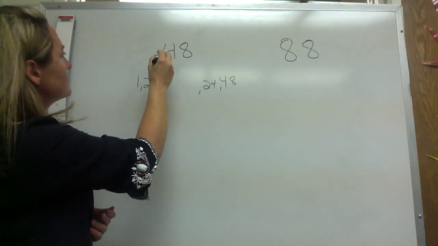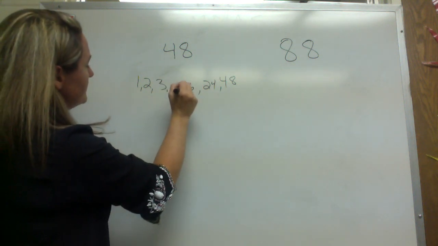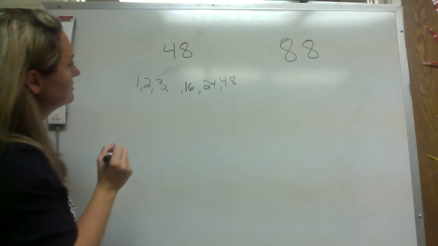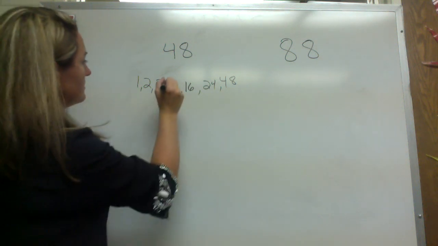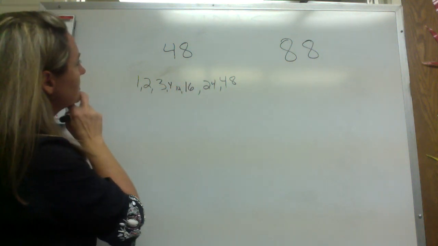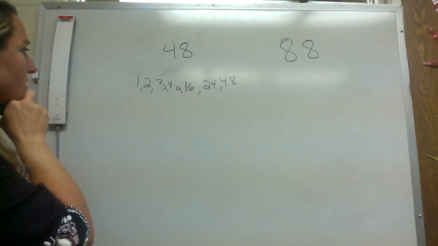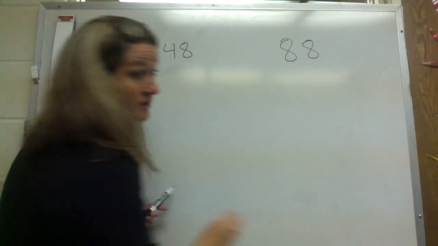3 goes into 48, 16 times. 3 times 16 is 48. 4, yeah, 4 is a factor because 4 times 12. I'm running out of room here. Is 6 a factor? Yes, I'm going to spread this out a little bit more. 48 apparently has a lot of factors.